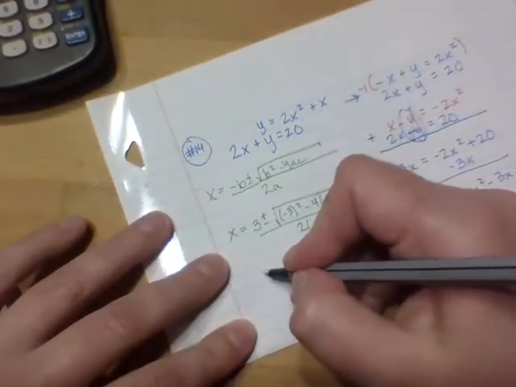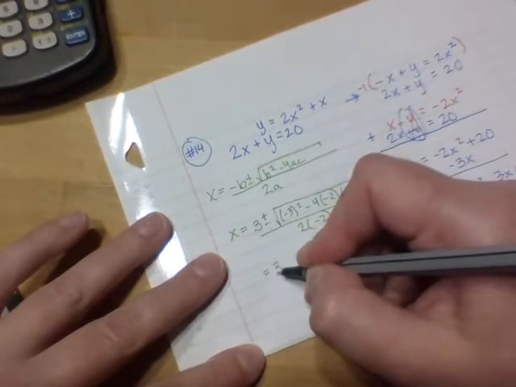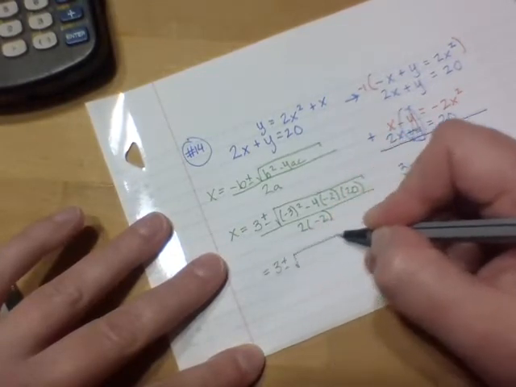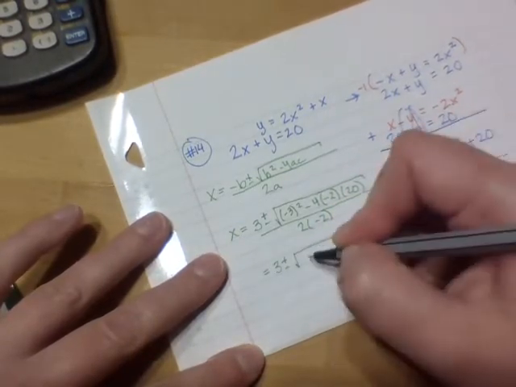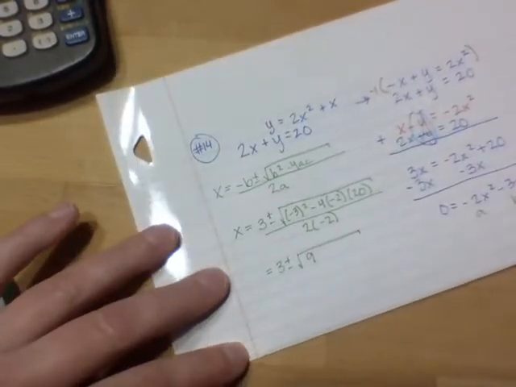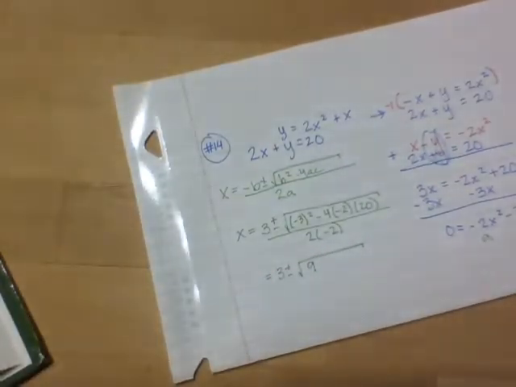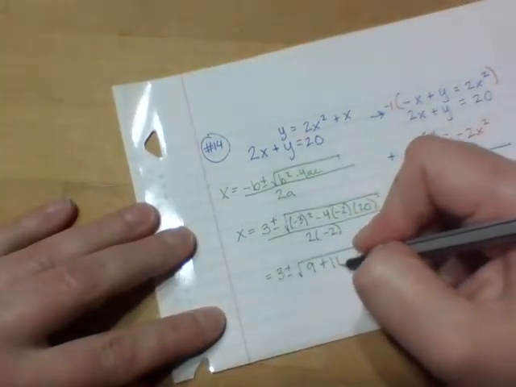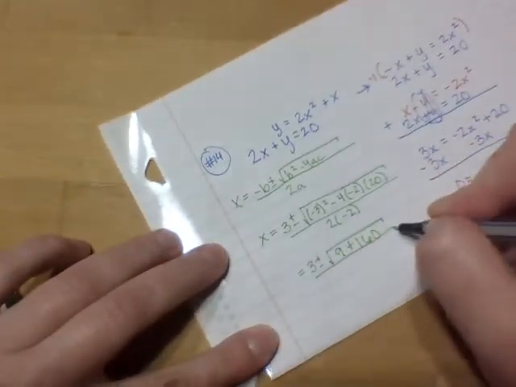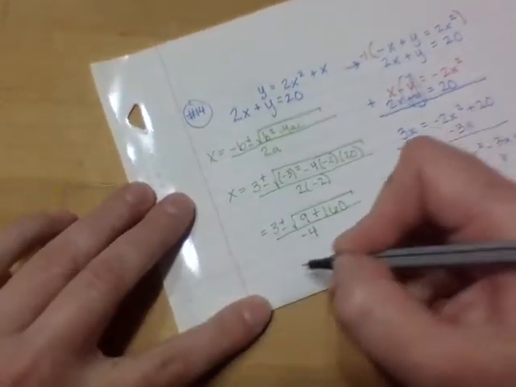All right, so working in our discriminant first, the stuff under the square root, gives us 9, and then 8 times 20, so 160. And that's going to be divided by negative 4.